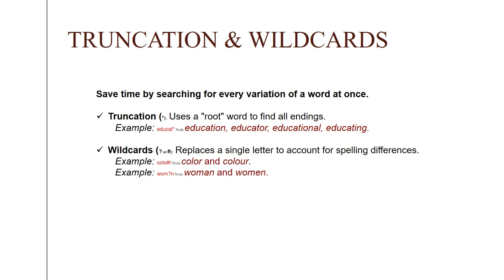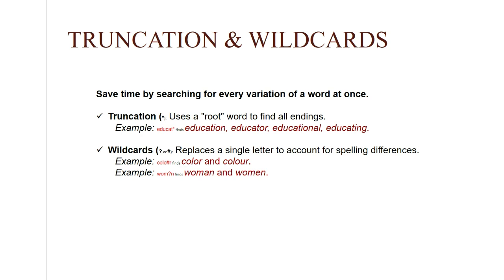And then wildcards replace a single letter to account for spelling differences. This happens with American and British English, for example, color and colour. If I use, for example, this hashtag, I will find articles that have either spelling.